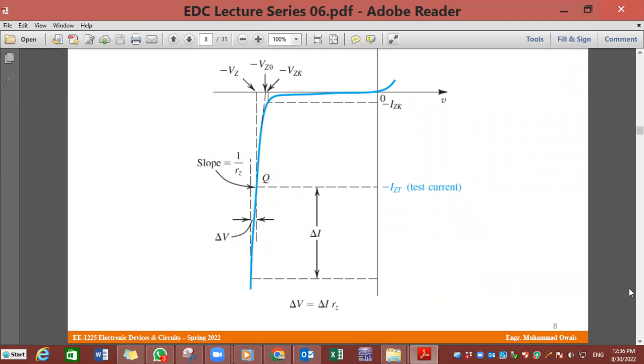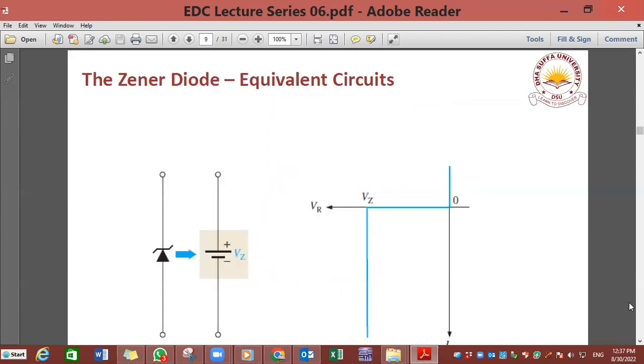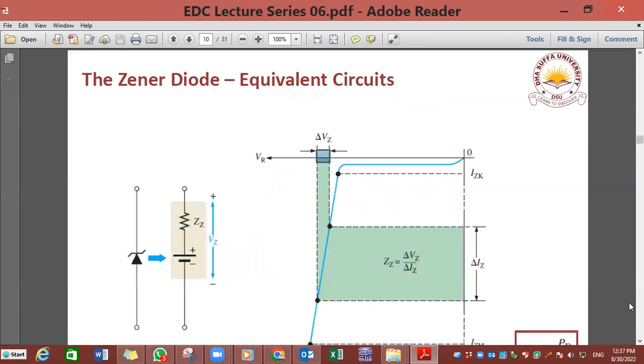Now I will discuss delta I and delta V. As you increase the current by delta I, from the test current to the maximum current, or whatever current is greater than IZT, you will experience a delta V, an increase in voltage, and that increase is due to resistance. So it will be easy to calculate, and I will do it in these presentations.